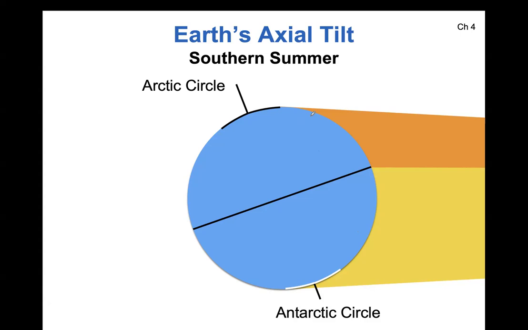So late December, around December 21st, there's going to be perpetual sunlight around the South Pole. That perpetual sunlight, the sun never setting, is going to apply to the whole section of the polar region, and it's going to extend to where the sun last kisses the Earth, and that's why we know that the Antarctic Circle extends from the pole to where that yellow hits the surface.